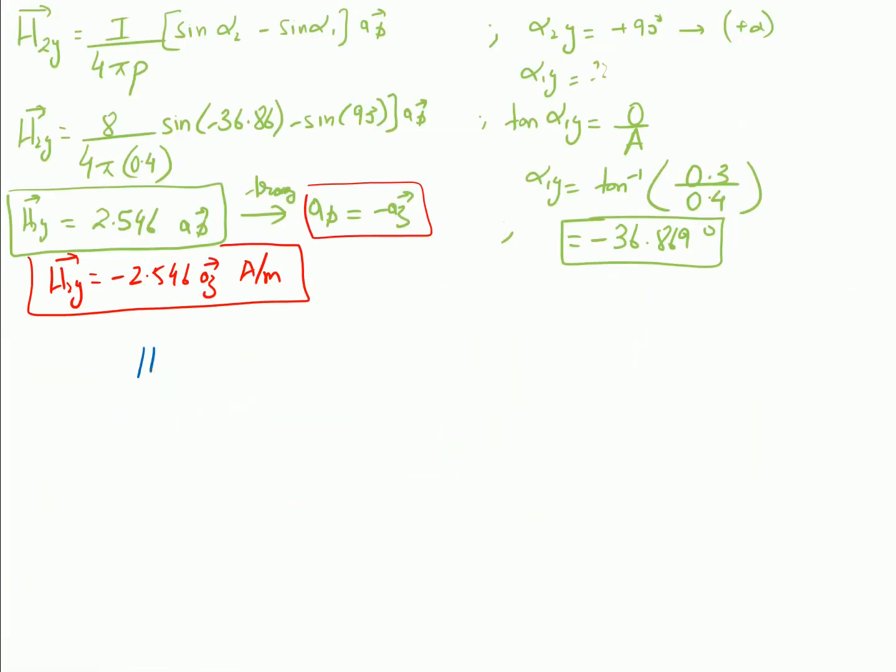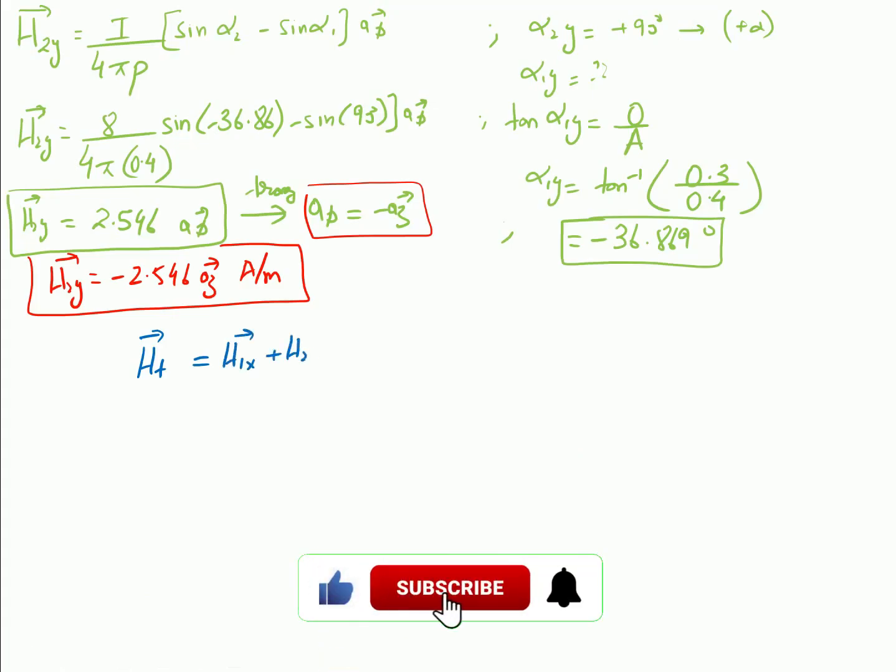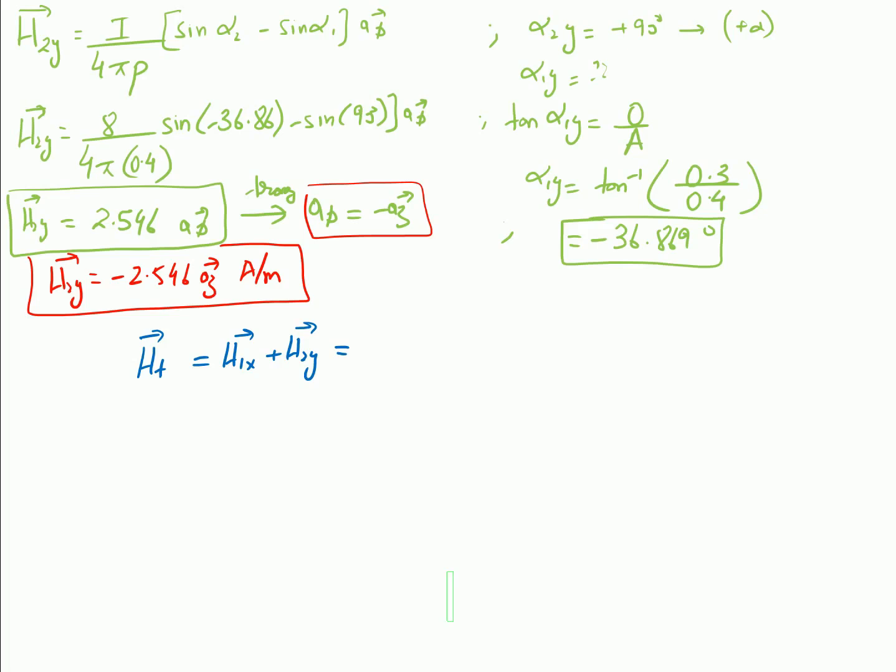The total magnetic field comes out to be H1 of X plus H2 of Y, which in the phi coordinates is 3.8197 plus 2.546, which comes out to be 6.3657 along A of phi.